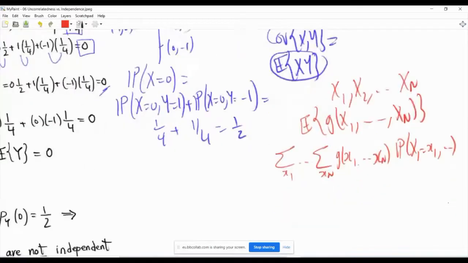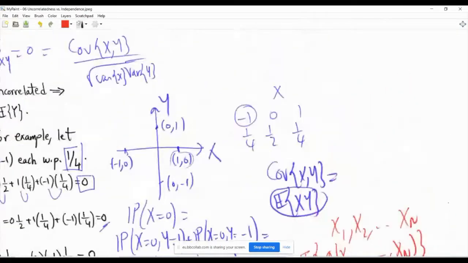So if I ask you, what is expected xy? What are the possibilities for xy? xy is a function of x and y; you multiply them.